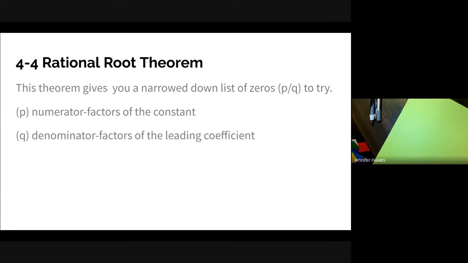The denominator of this list are the factors of the leading coefficient, so all the things that multiply and give me that number in front of your highest degree. Once you make that little list, then you do P over Q, and that is the list where you would try numbers. Okay?